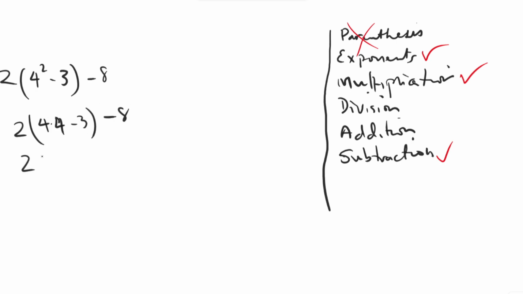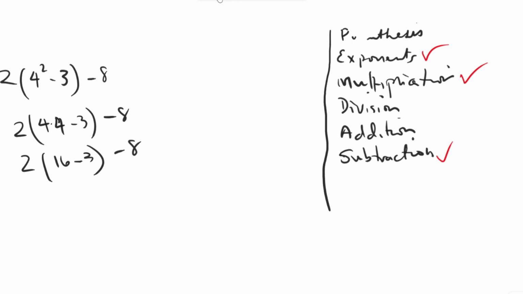So we get 2. This is multiplication. Even though you don't see the multiplication sign, the parenthesis tells you that you're going to multiply 2 by whatever is inside of those parentheses. So multiplication, 4 times 4 is 16, minus 3, minus 8. So now let's take care of the parentheses.